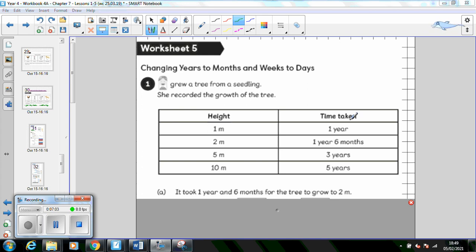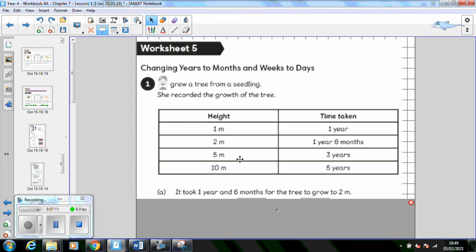It took 1 year and 6 months for the tree to grow 2 meters. I wonder how many months that is altogether. Okay, you can finish your worksheet now and then come back for the answers.